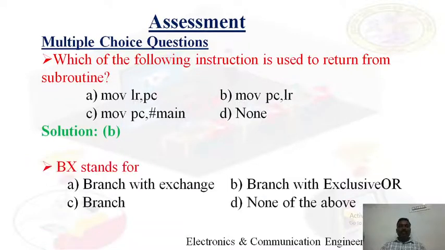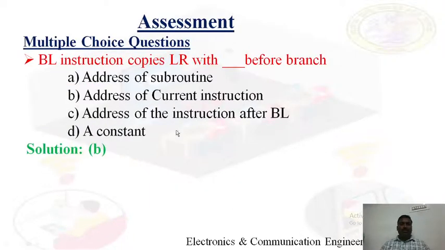Next, the question is: BX stands for branch with exchange, branch with exclusive OR, branch, or none of the above. The answer is branch exchange. No, actually the option is C, that is the address of the instruction after BL.